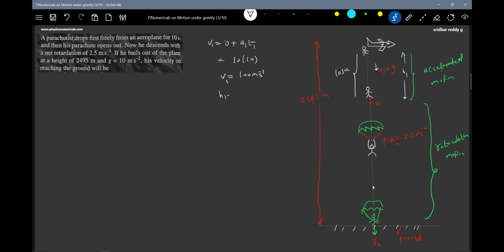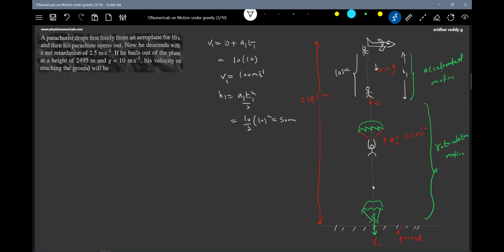Can we calculate that height? H1 equal to a1 t1 square by 2, that is 10 by 2 into 10 square, which is 50 meters. He will descend 50 meters.